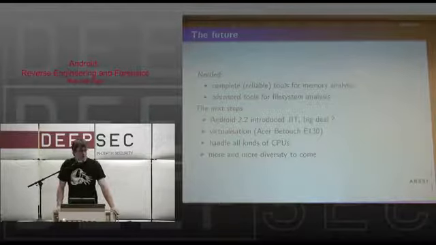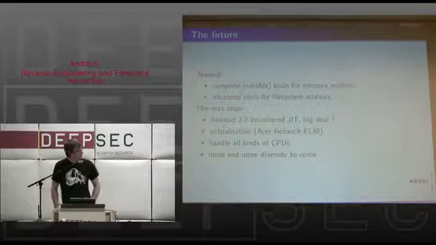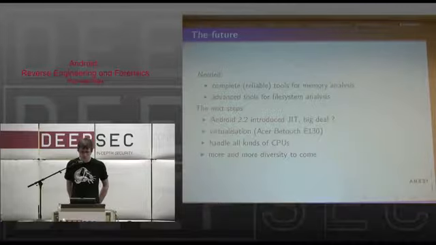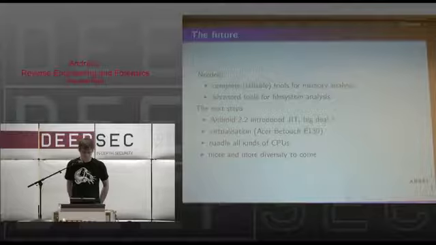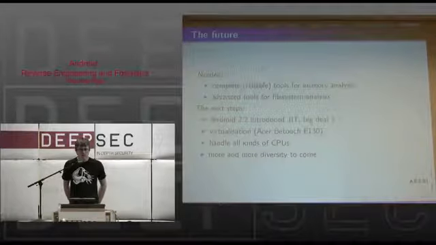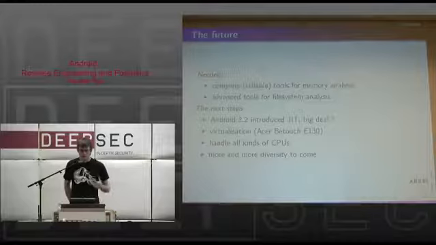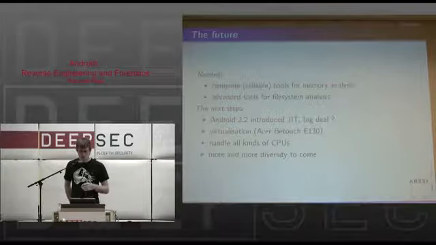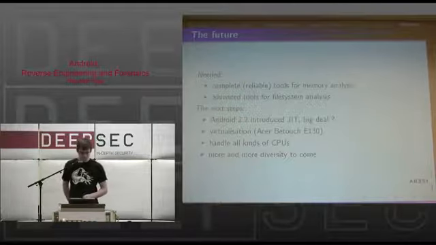So in the future, unfortunately, we still need complete and particularly reliable tools for memory analysis, because right now we are kind of short on tools. And for file system analysis, you only have tools to unpack the file system, but you don't have undelete capacities, you don't have advanced analysis to recover information.